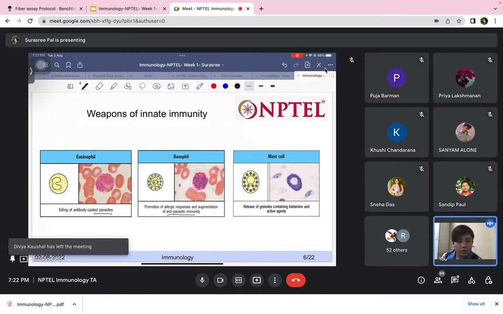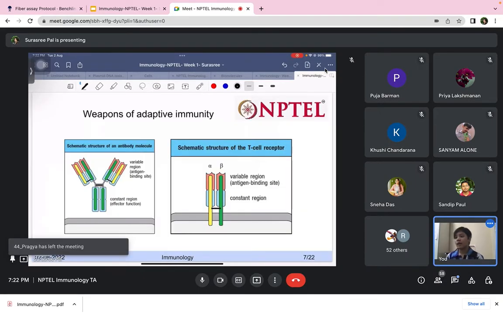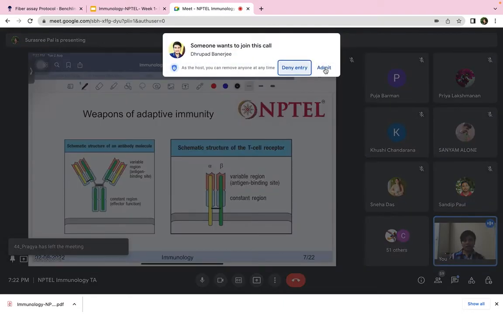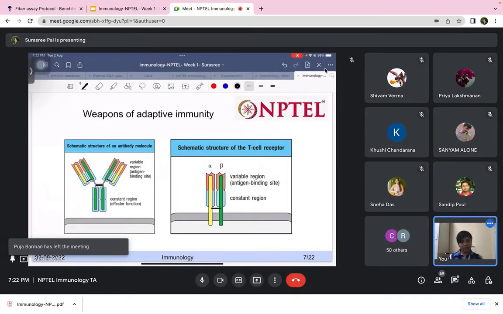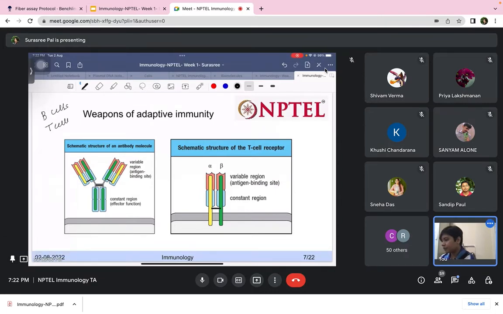Okay, so now coming to the adaptive immunity. The adaptive immunity is basically provided by the lymphocytes, and as we know, there are two types of lymphocytes: B cells and T cells, right?